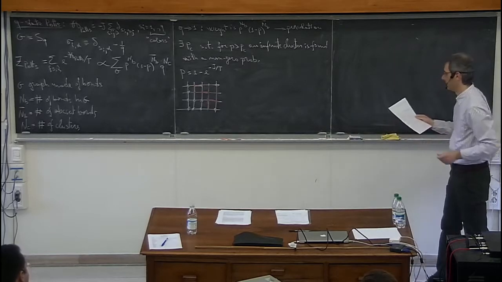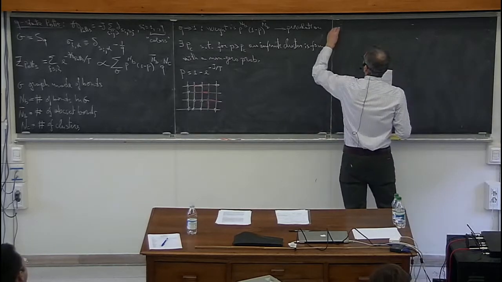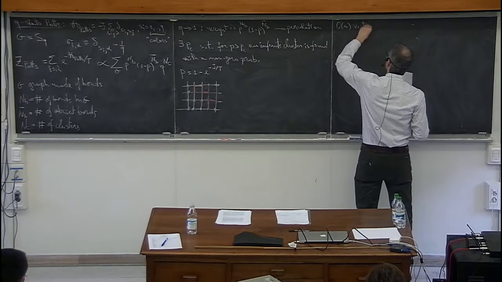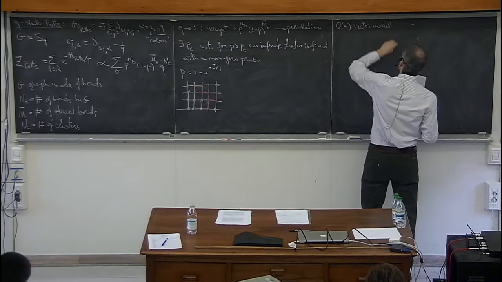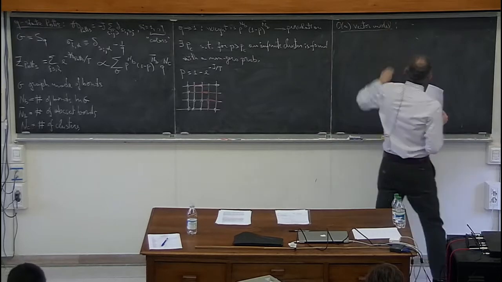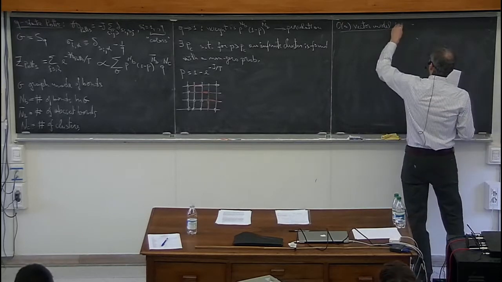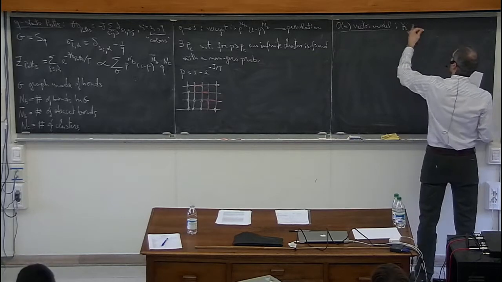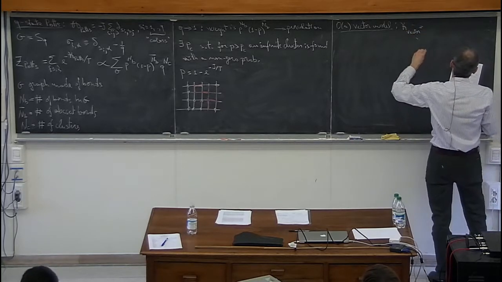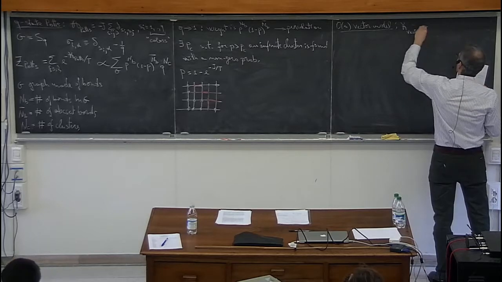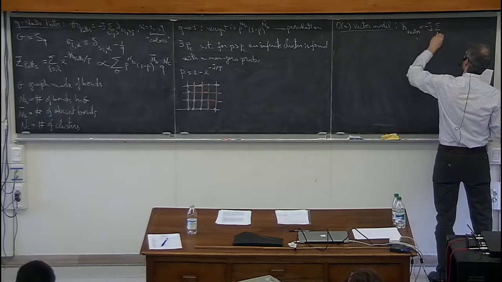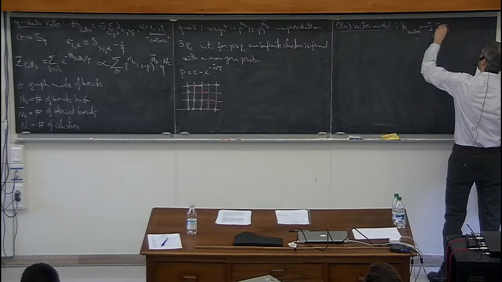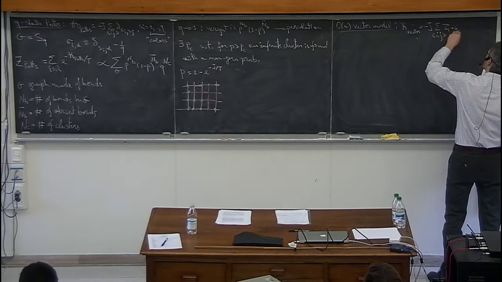Is also very well known. So is the O(n) vector model. So here the Hamiltonian is, as usual, minus J sum over ij of sigma_i, s_i scalar s_j.